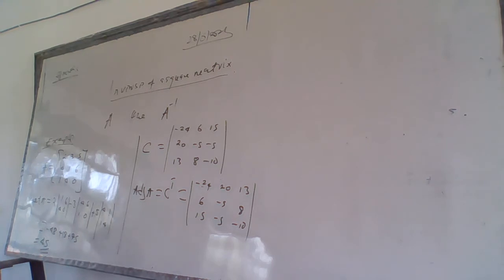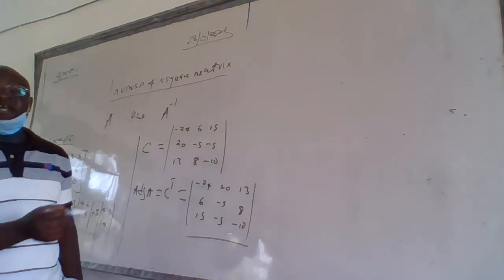But what have we said? We have said that for us to get the inverse, we divide each element of the adjoint by the determinant. So this is the adjoint.